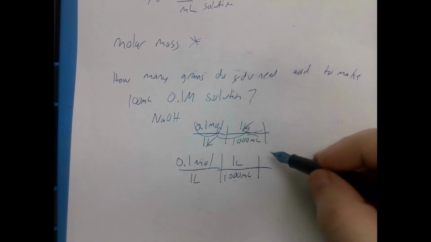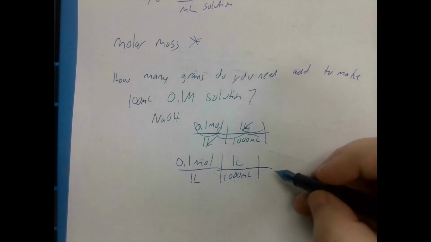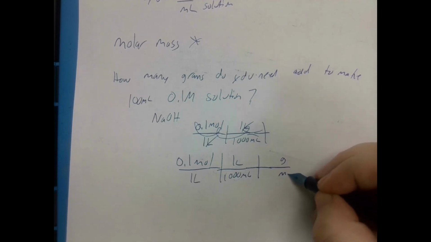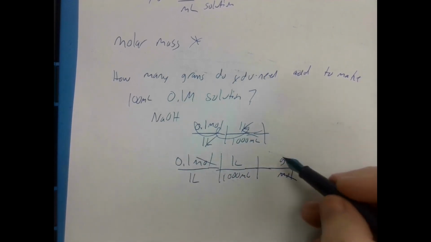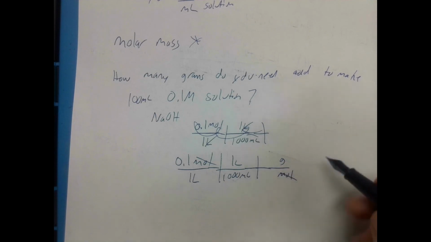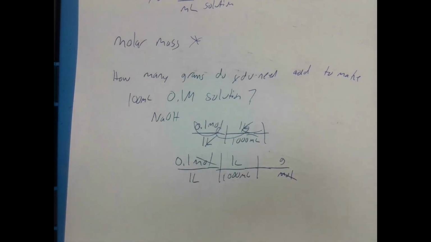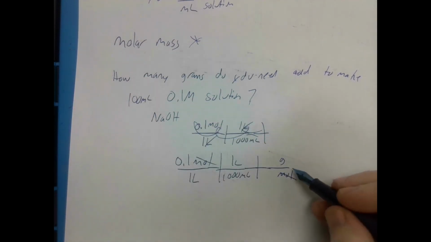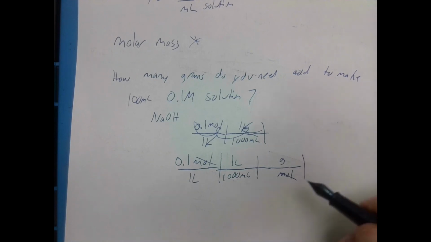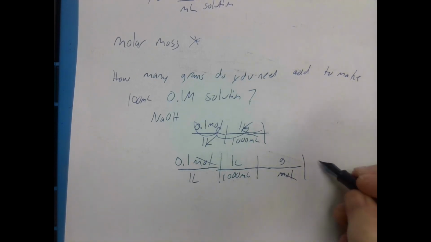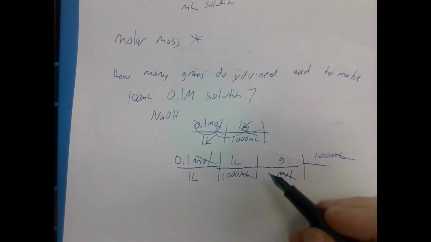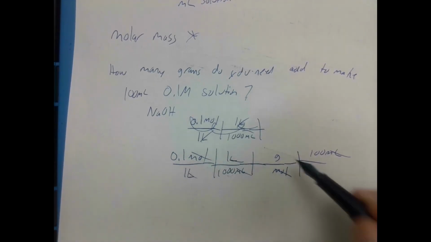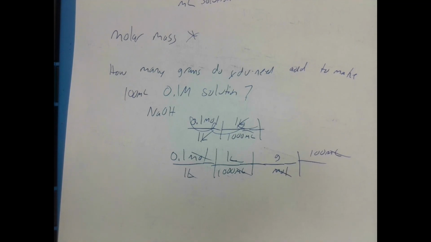And then you put molar mass in here. Molar mass tells you how many grams per mole, where the moles will cancel out here. And this will tell you how many grams per 100 milliliters. You would also need to put in the 100 milliliters right here to cancel out milliliters. Your final answer would thus be how many grams you need for that 100 milliliters. Make sense?